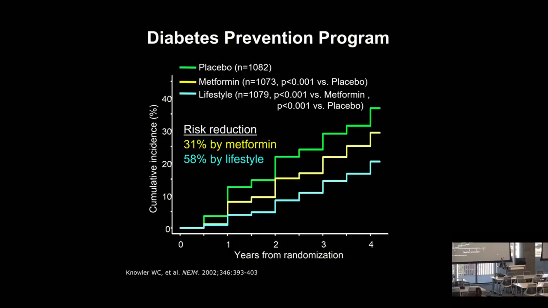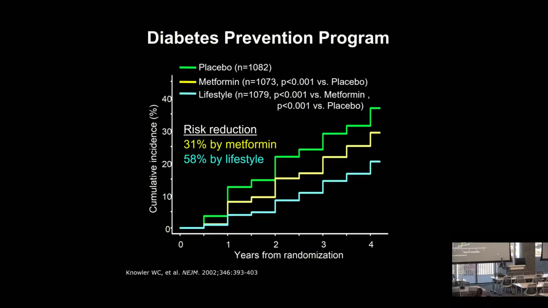This again highlights the importance of lifestyle in preventing the progression of prediabetes to diabetes. This is a landmark trial that was done in 2002. They looked at patients that had prediabetes, and they grouped them into three. One group had placebo, one group had metformin, and one group had intensive lifestyle modification.